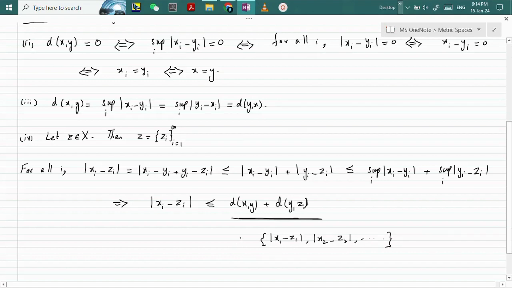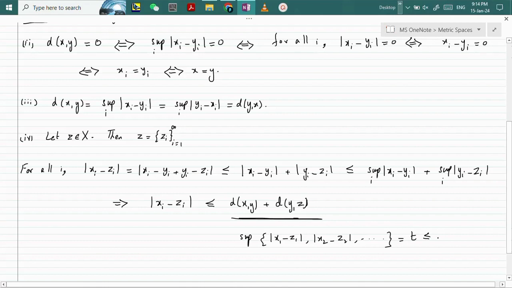So when we take the supremum of this set, if it is equal to t, then as we know the supremum is the least upper bound, so t will be less than or equal to any other upper bound.